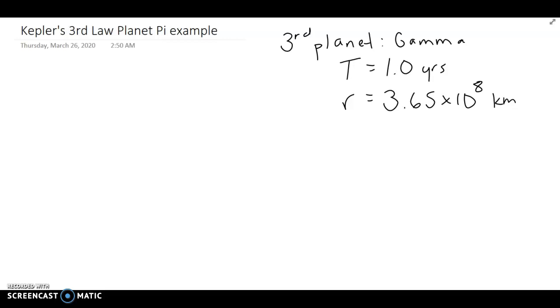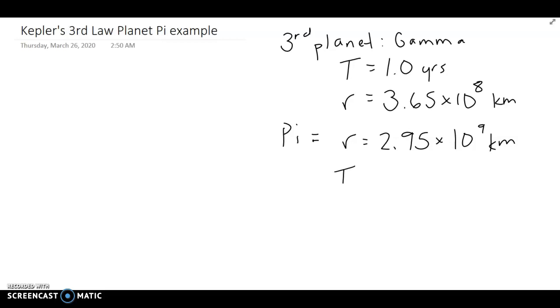So now the example I'm doing is planet Pi, and planet Pi is a little further on, and its R value is 2.95 times 10 to the 9th kilometers.